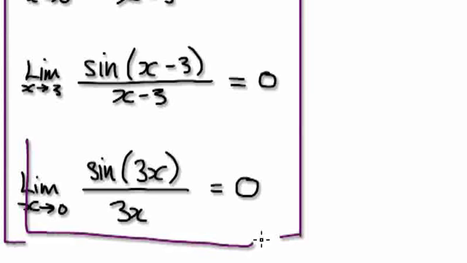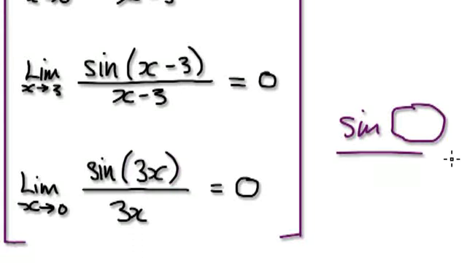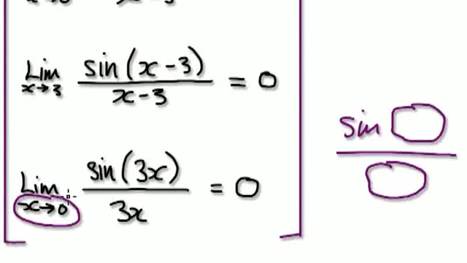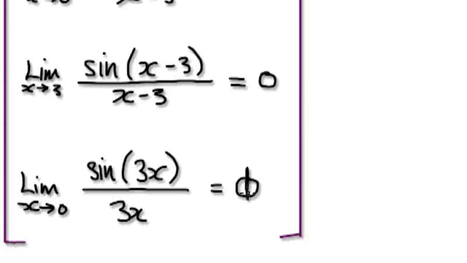When you look at this example here, if you think about it, you've got a case where you've got sine bubble, and this bubble here happens to be 3x, over a bubble here. Now here, x tends to 0. You see, as x tends to 0, the bubble also tends to 0. So in this case, sorry, this here should be 1. Hang on, this here should be a 1.